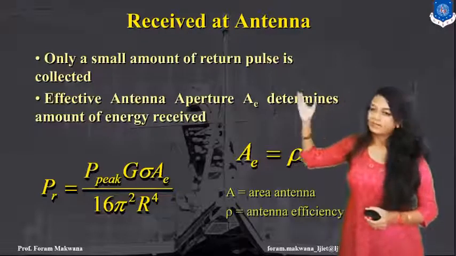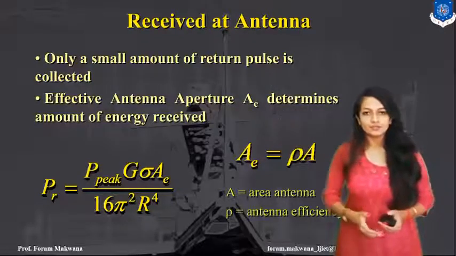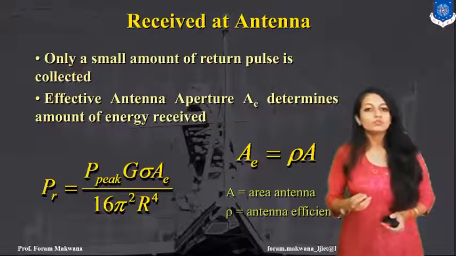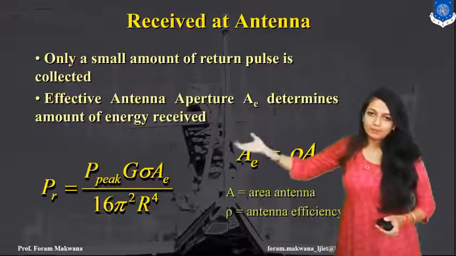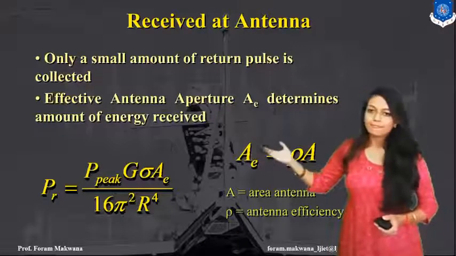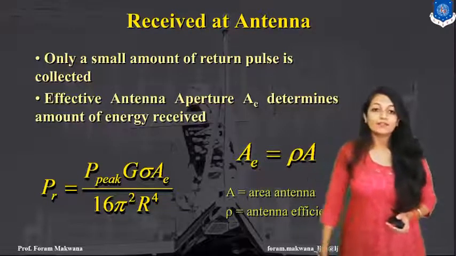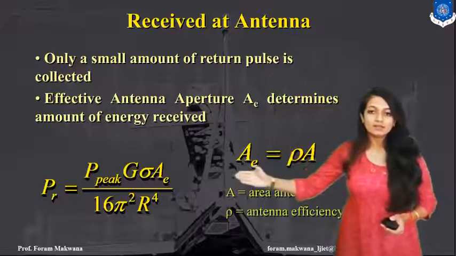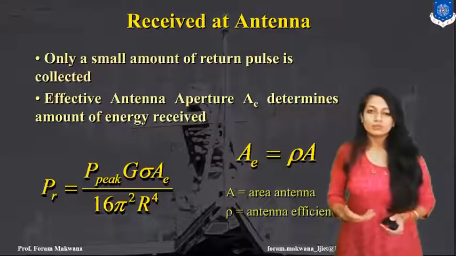So the effective aperture determines the amount of energy received. When we calculate the received power, we need to include peak power, gain, radar cross section, effective aperture, and the radar range. These are all the parameters that determine how much power is received.